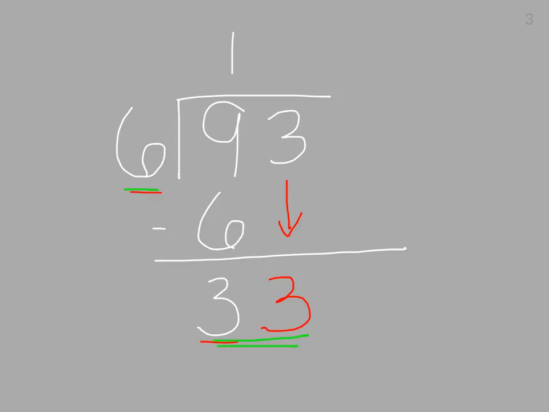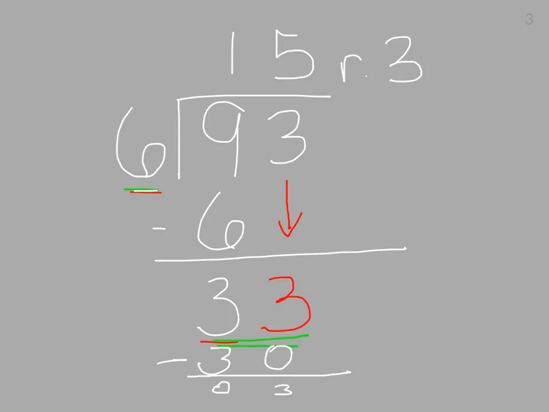What if I go 6 times 5? 6 times 5 is 30. 33 minus 30 is 3. So now I'm left with a 3, which is smaller than my 6. And since I don't have any other numbers to bring down, I'm stuck with the 3 as my remainder.